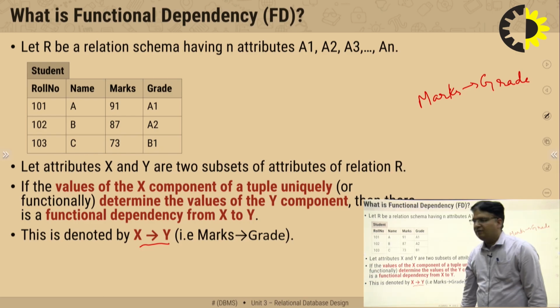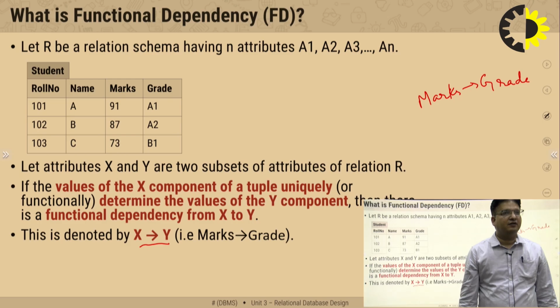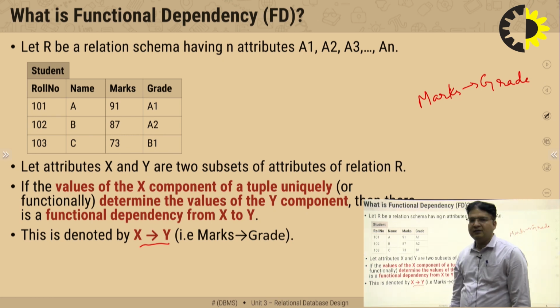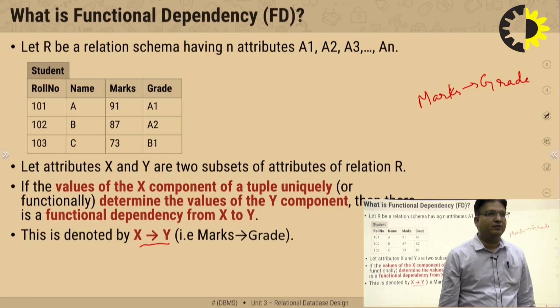That is, one value of x will determine one value of y. That is the meaning of functional dependency. Now this x can be a single attribute or it can be a composite attribute depending on the situation.